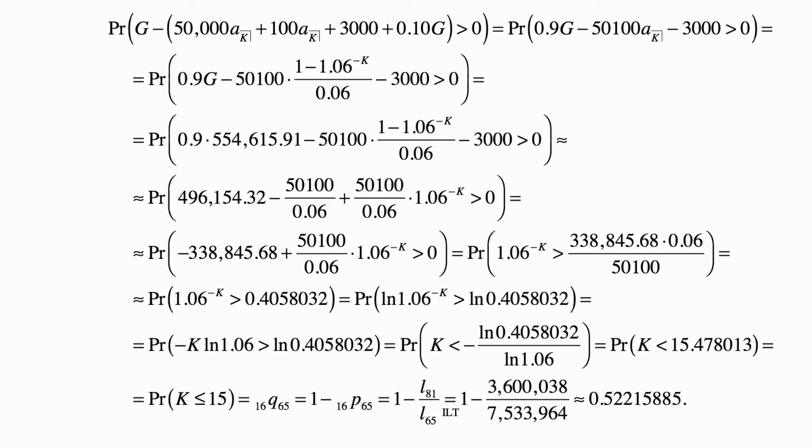Now we divide both sides by minus the natural logarithm of 1.06. Now notice this, the natural logarithm of the fraction on the right hand side is actually a negative number because the number is less than 1. The natural logarithm of 1.06 is positive.